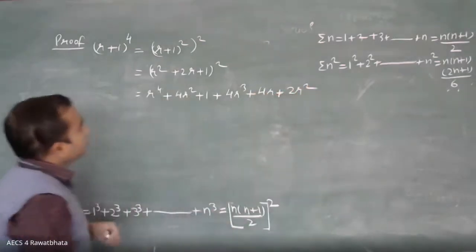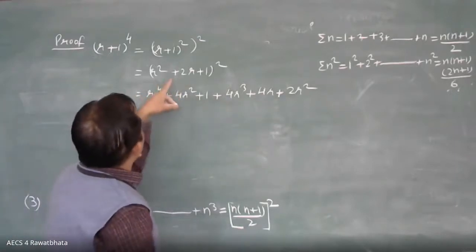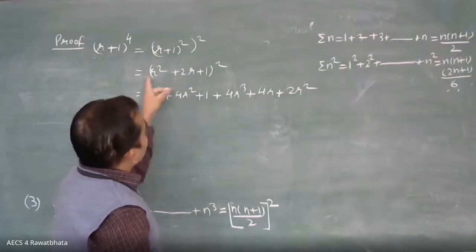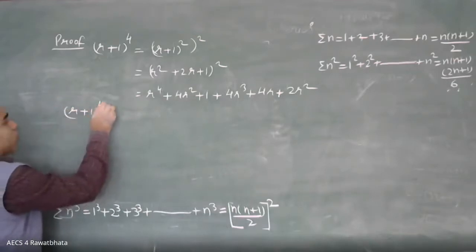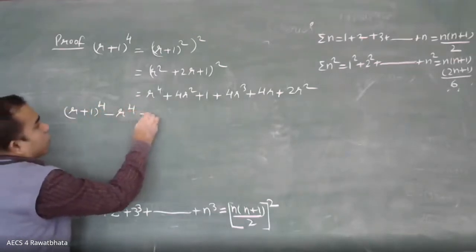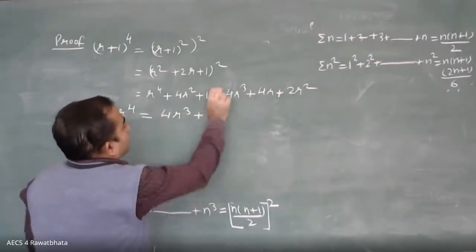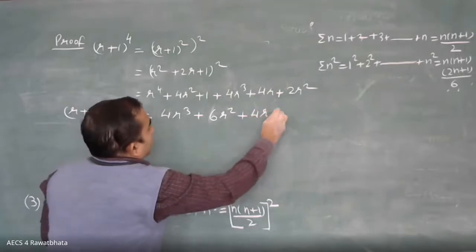You know, a plus b plus c whole square is a square plus b square plus c square plus 2ab plus 2bc plus 2ca. Correct. And if I write like this, r plus 1 whole to power 4 minus r to power 4 equals 4r cube plus 4 plus 2, 6r square plus 4r plus 1.